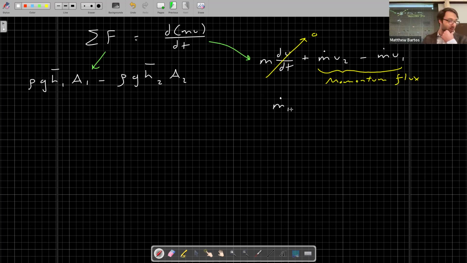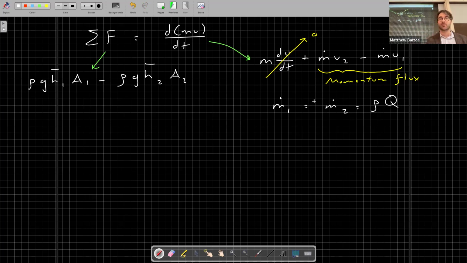What is the mass flow rate equal to? Q times density, very good. So the mass flow rate in is equal to the mass flow rate out, which is equal to the density of water times the flow rate.